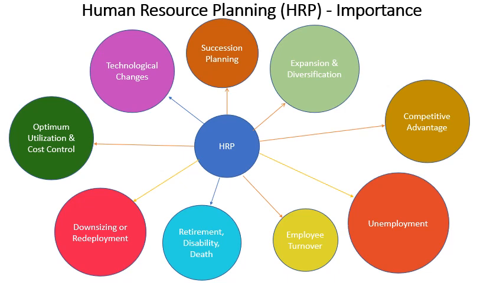So when the company plans for expanding the existing business, or plans for diversification, in both cases the company will require new manpower with new skills, because they will have new jobs, new vacancies. So human resource planning is important when the company plans for expansion and diversification.